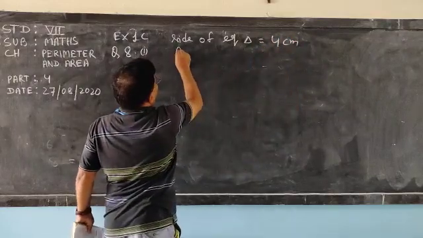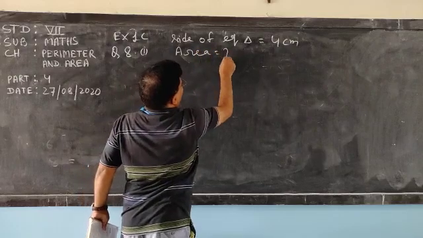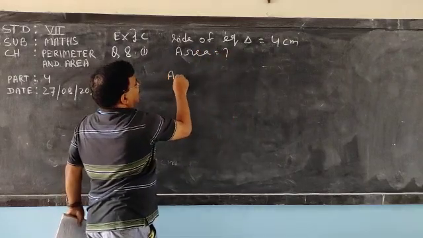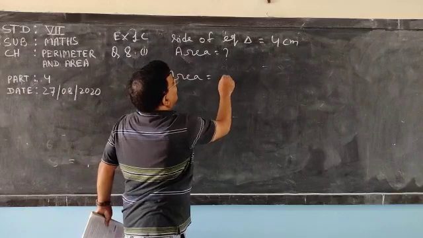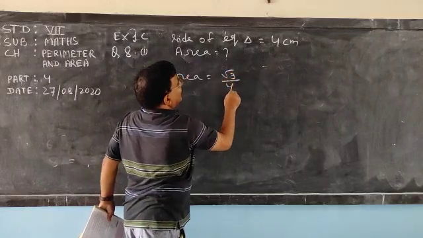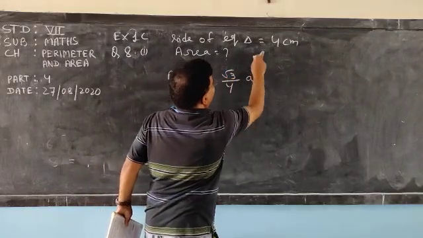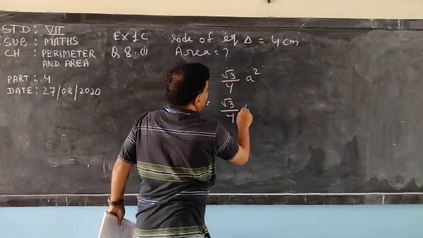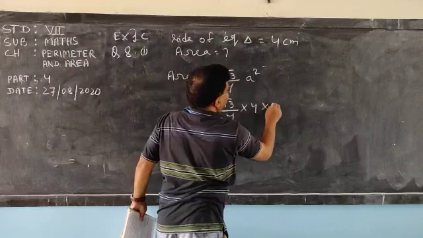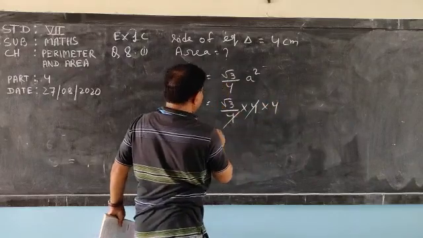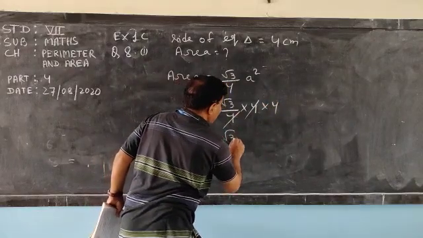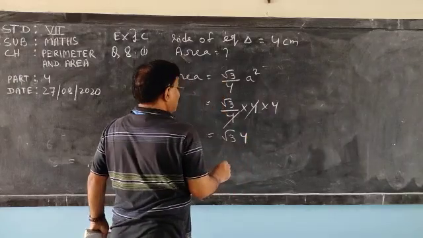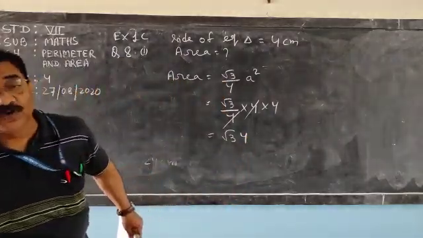Find the area. We are knowing area is equal to root 3 by 4 a square, and our side is this, means root 3 by 4 into 4 into 4. 4 and 4 will be cancelled. Root 3 into 4, or better to write 4 root 3.